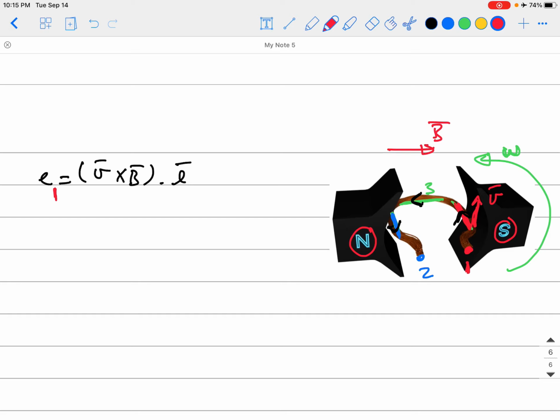If you apply your right hand rule, with the thumb pointing along V and the index pointing along B, your middle finger will point in the direction of their cross product, and this will also be the direction of E. So this will be going into the paper like this. So this will be the direction of E1. From your circuits, this direction means you have a negative voltage sign here and a positive voltage sign here.